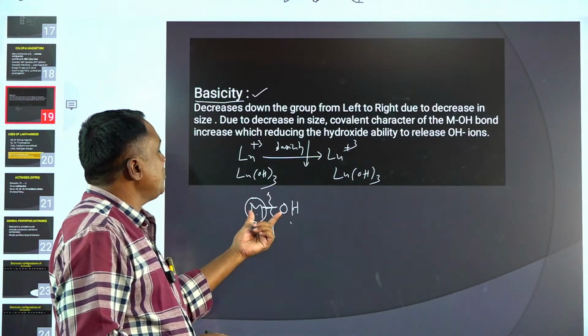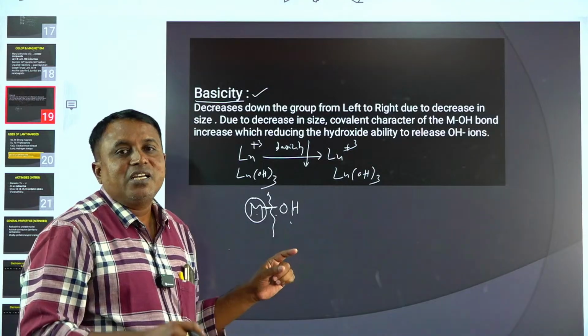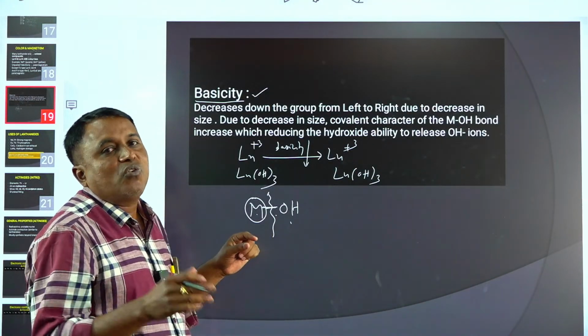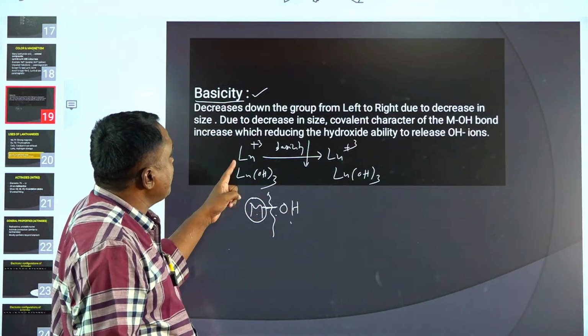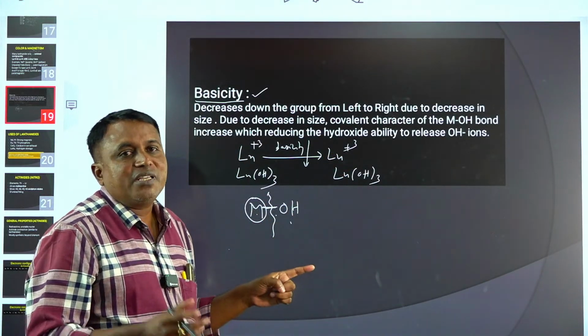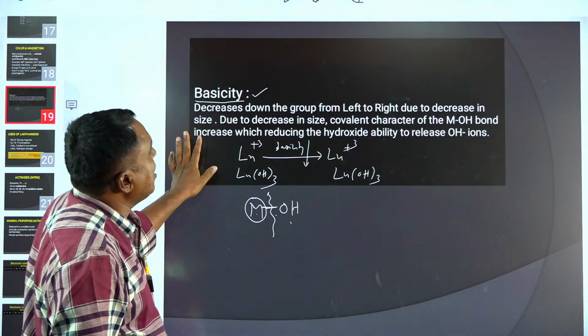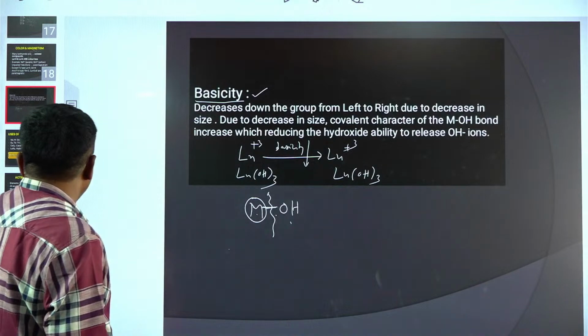But due to the covalent character between the metal and OH, this M-OH is not able to release the OH group. Therefore, from lanthanum plus 3 to lutetium plus 3, the basic character of the hydroxides decreases. So this is the important property of the lanthanides.